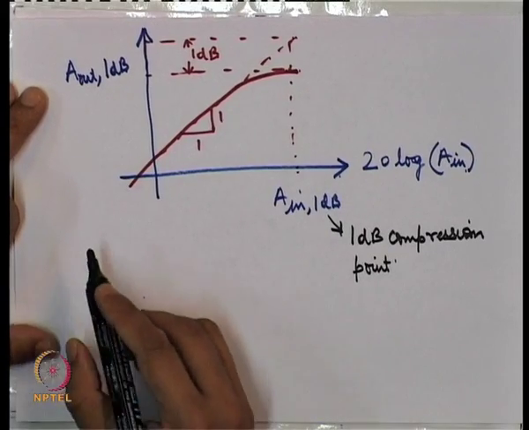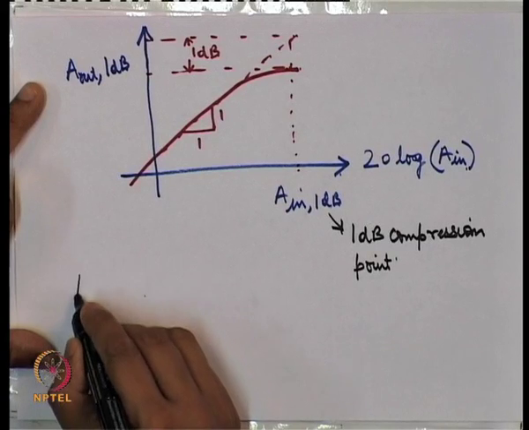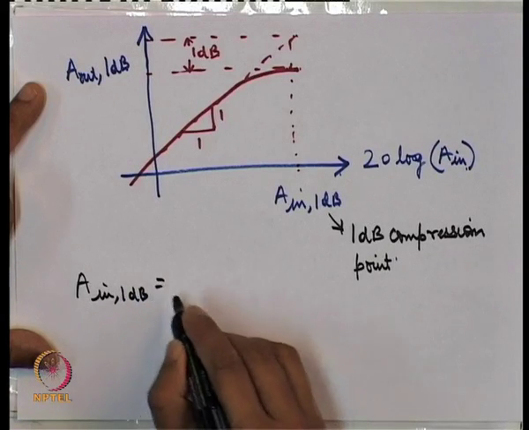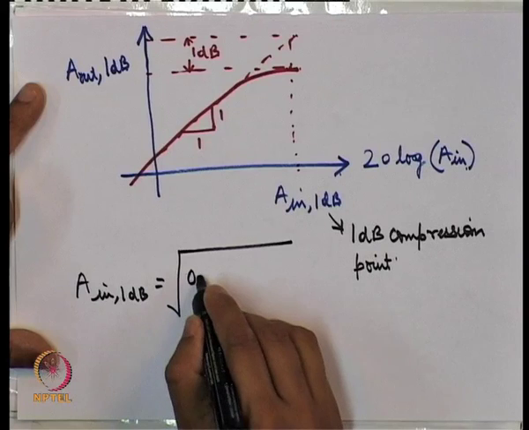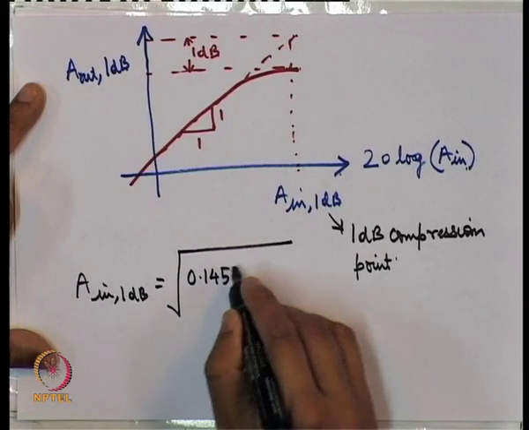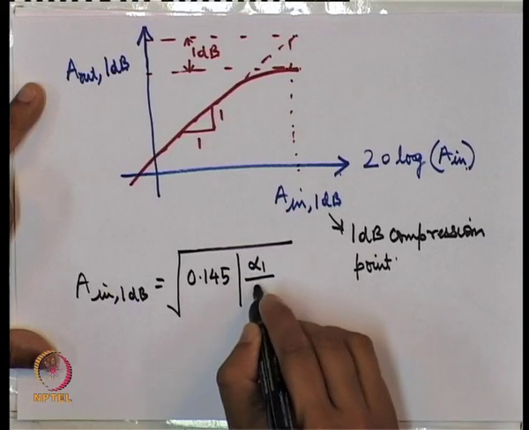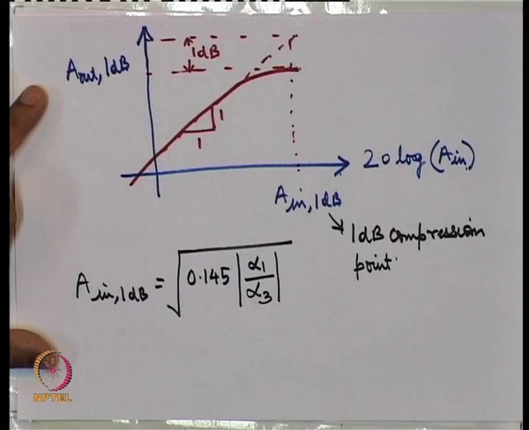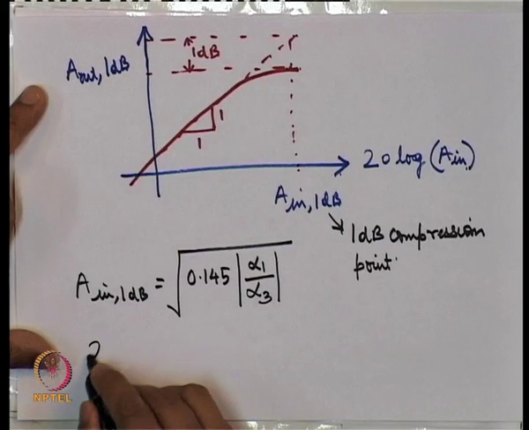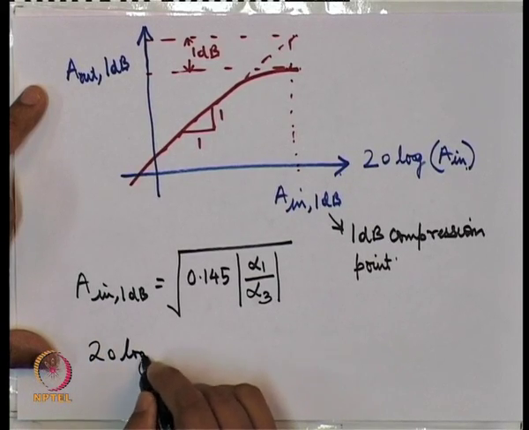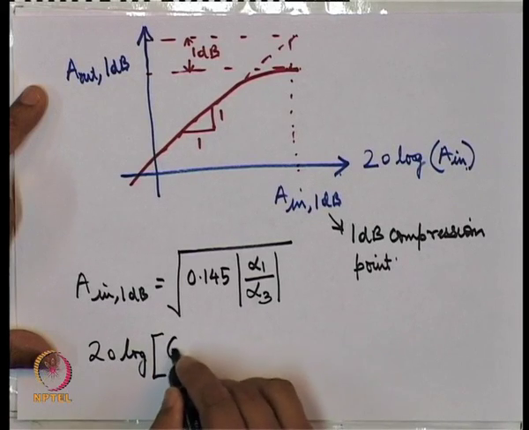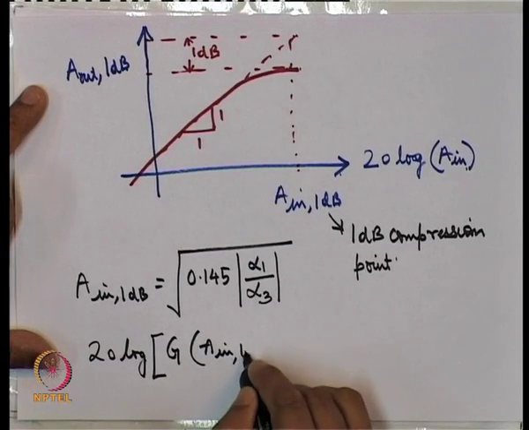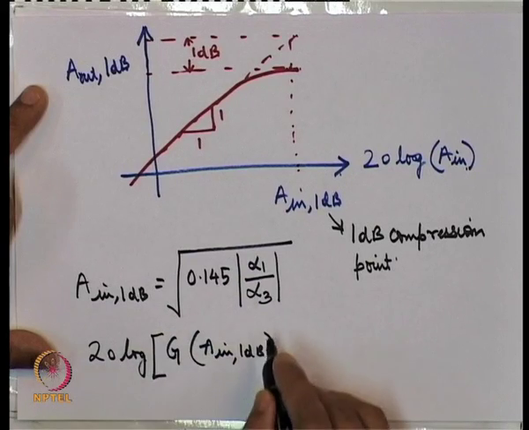And in fact, in terms of those alpha 1 and alpha 3, this 1 dB compression point is given by, so at the 1 dB compression point we will have 20 log of the gain at A_in 1 dB, that is this power.